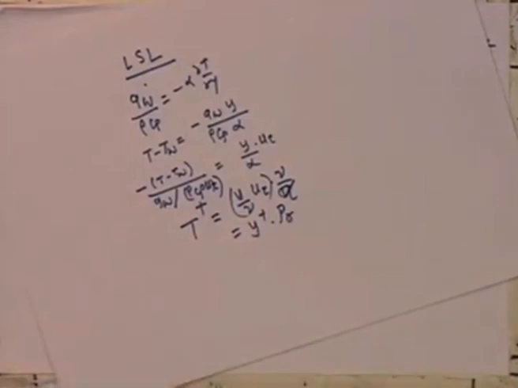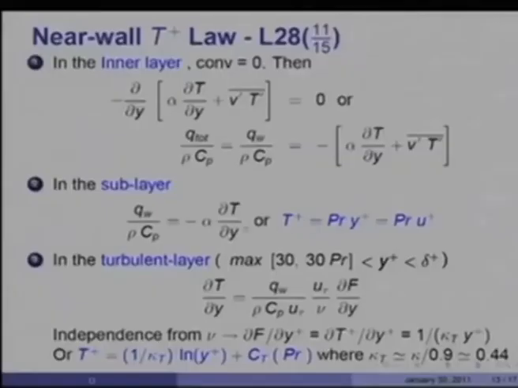So, in the laminar sublayer, it is straightforward to show that T plus would be equal to Prandtl times y plus, and Prandtl times y plus is also equal to Prandtl times u plus. So, the laminar sublayer is fairly clear.